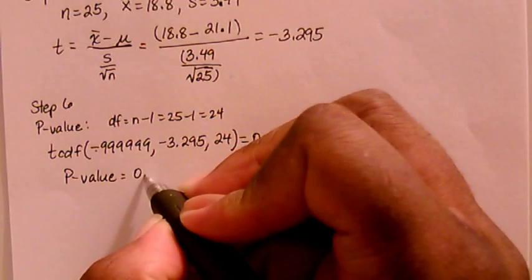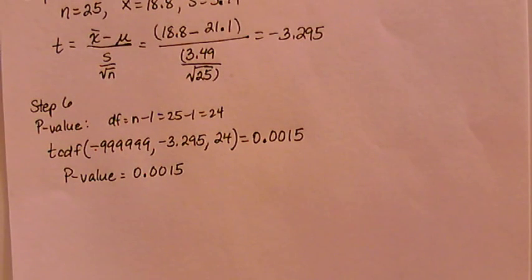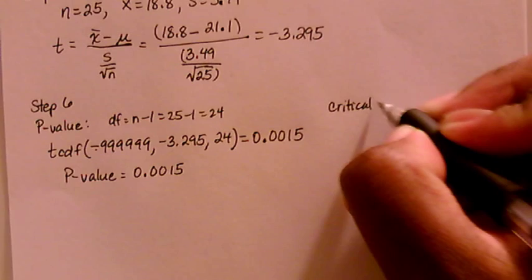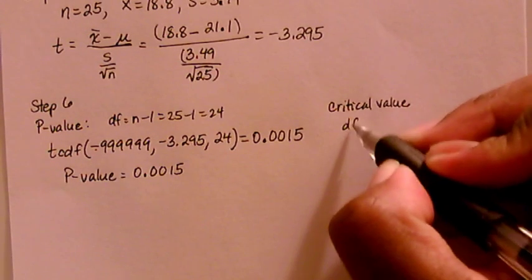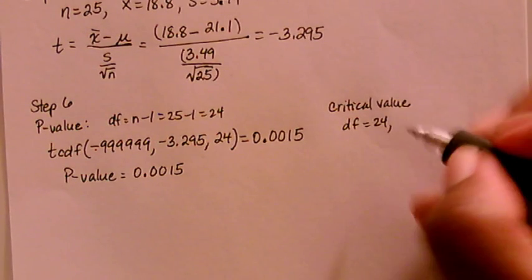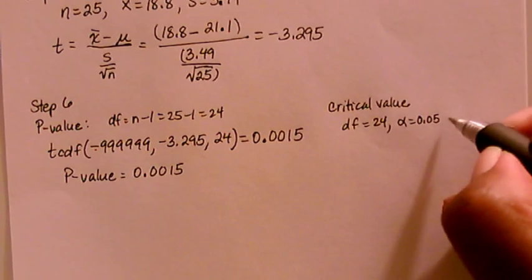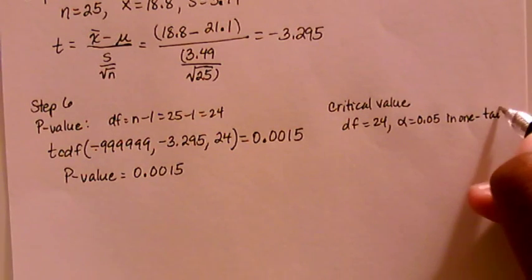Now keep in mind you only do 2 times this number when you have a two-tail test. We have a left tail test, so that means the p-value is that number. We also need our critical value. The degrees of freedom is 24, and the alpha level from step number 4 is 0.05, and this is going to be in one tail because it is a left tail test.